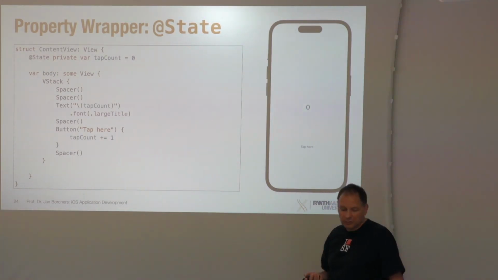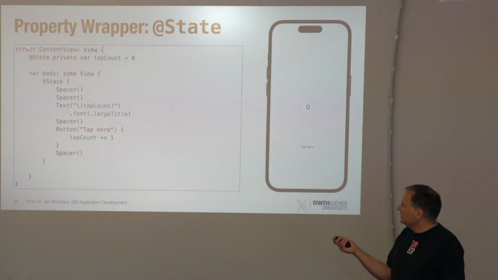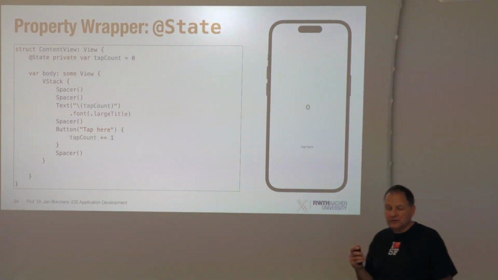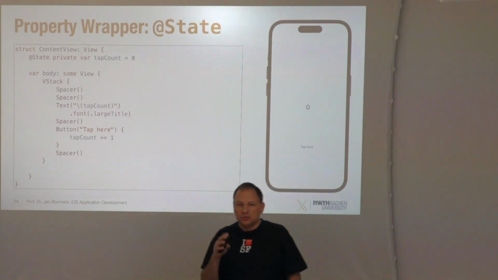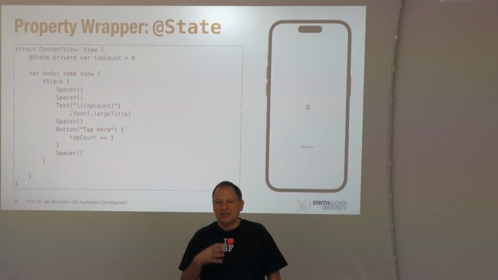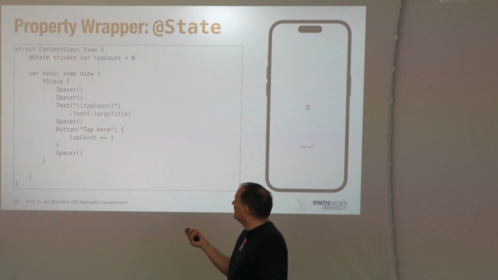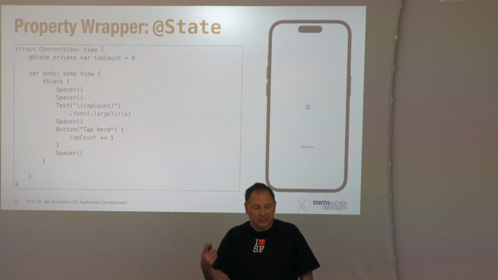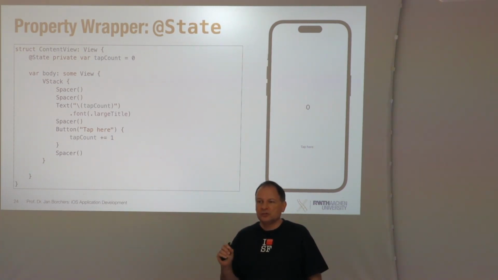So this code will compile. Why does it say private? Because you are supposed to use @State only for things that you need to hold on to as state inside a single view. So that's why Apple recommends you declare it also as private. You don't have to, but it's recommended just to make it clear to yourself, to the compiler, and anybody else that this stuff will not get used anywhere else.